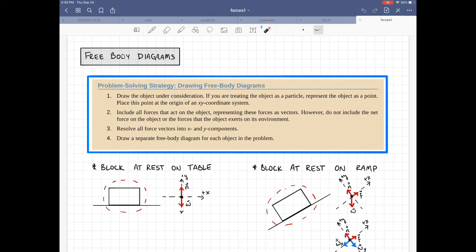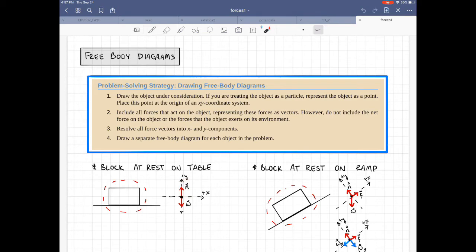So when I draw this dotted line around my object, the only thing that my dotted line has to cut through is the table. The table is in contact with my block, so there must be a force associated with that contact. In this case, it's a force in the positive y direction, and it's the normal force.